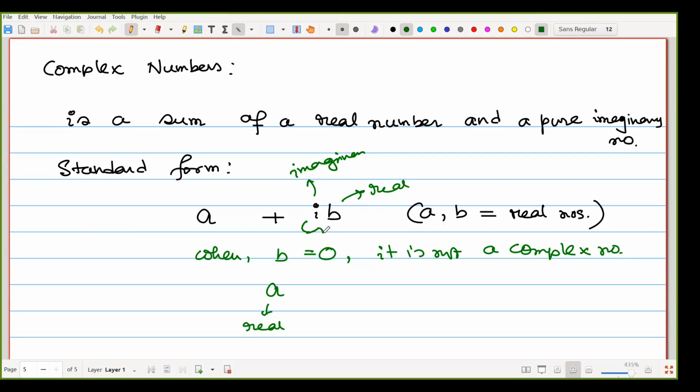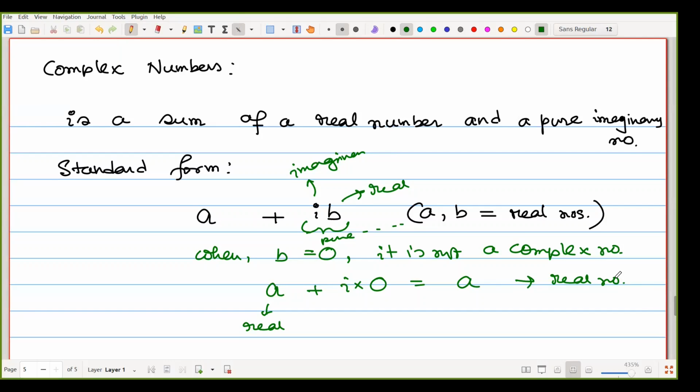So IB is a pure imaginary number. But when B is equal to 0, that means A plus I into 0 is equal to A. Originally not a complex number, it's a real number. So that's why B must not be equal to 0.